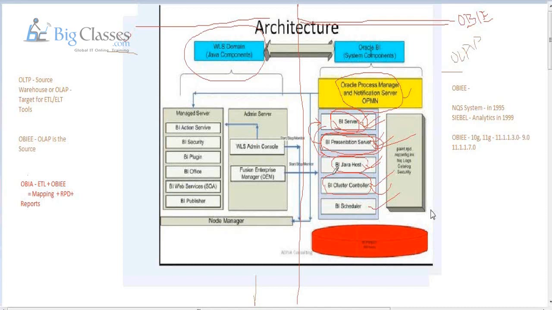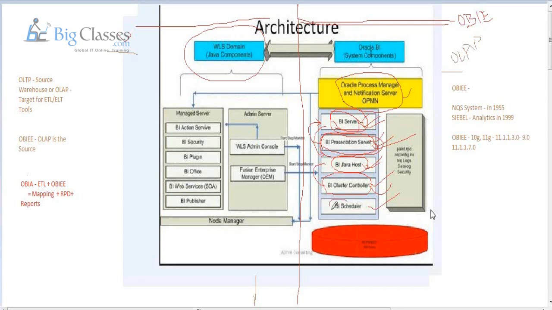That communication is taken care of by the cluster control. So the final thing is that cluster control is the server that acts as a mediator between the other servers. It takes the request and passes it to the appropriate server.